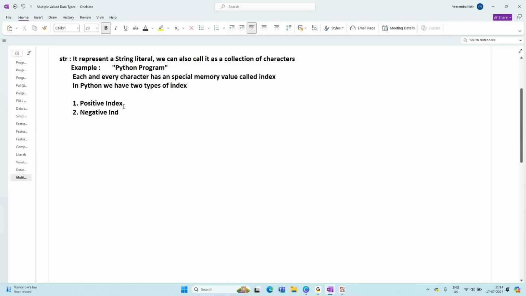Please listen to this carefully because this is going to help you in every collection, at least the sequential. So in sequential, we will talk about this indexing all the time, right? That will not be as helpful in set and dictionary, but it is helpful for sequential, and it is also helpful in NumPy, Pandas.